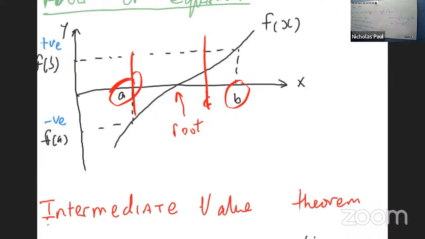Then do it again, getting closer and closer until you reach it, or close enough. Then you have linear interpolation. That's a formula you just use. Then you have Newton-Raphson, which is also a formula developed to help you find alpha. All of these use convergence tests so that they get closer and closer to the answer.